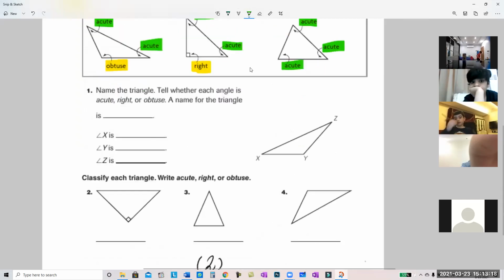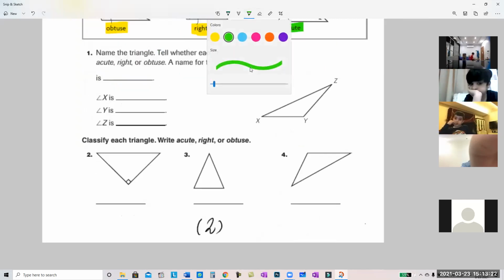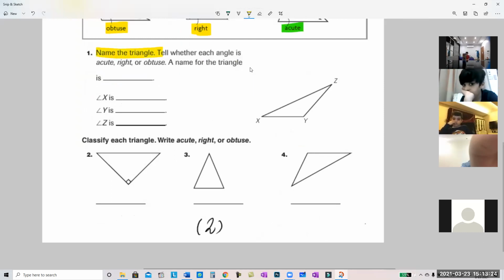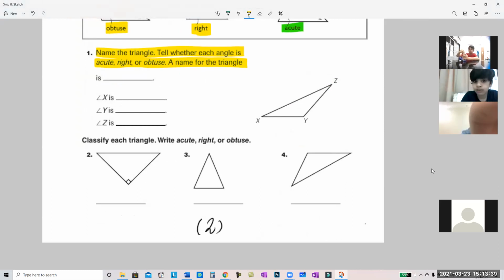Now I need someone to help here. Name the triangle. Tell whether each angle is acute, right, or obtuse. A name for the triangle is, okay, let me ask Hussein Al-Awad, the power of math.